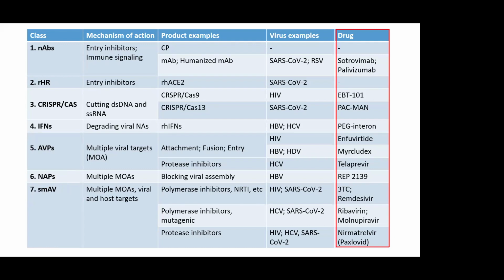There are some of these, especially the nucleic acid polymers, and especially the CRISPR-Cas systems, that are probably going to work very well, but there's no clear way of how to deliver them.